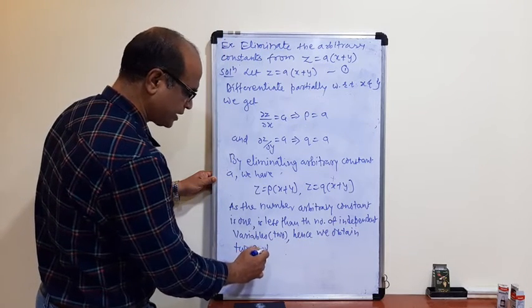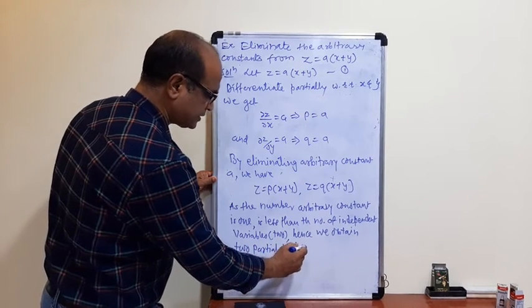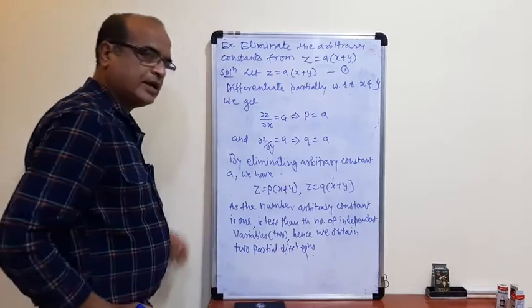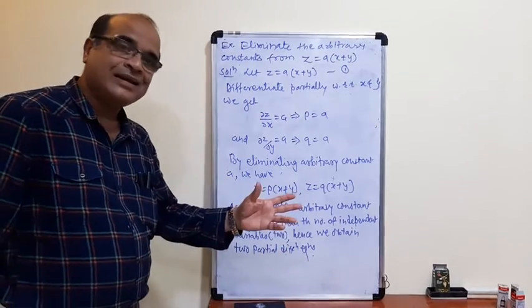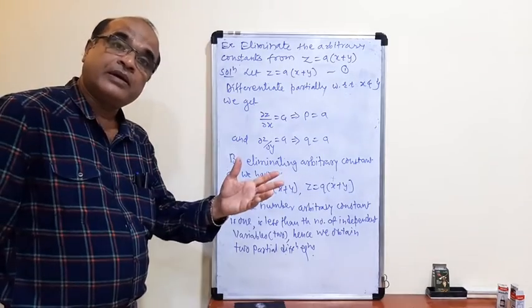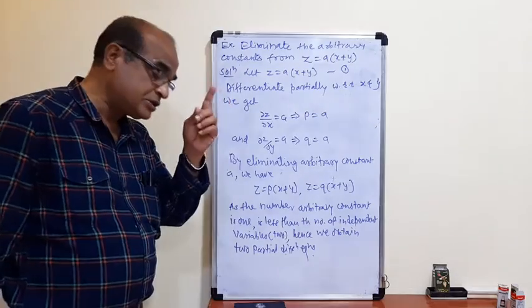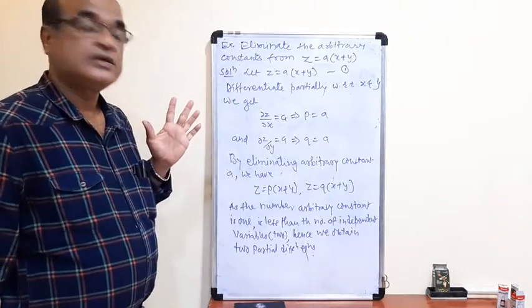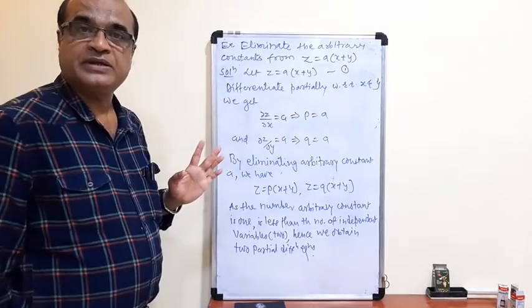So here only one arbitrary constant is there, and this is less than the number of independent variables. So we get two partial differential equations of this equation.